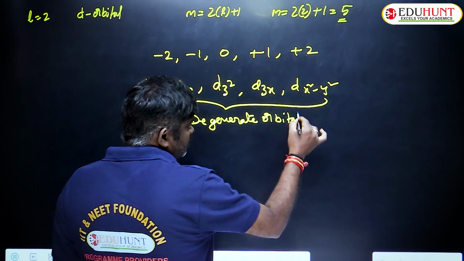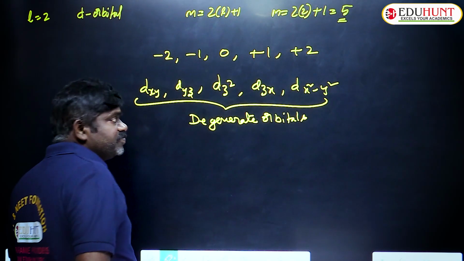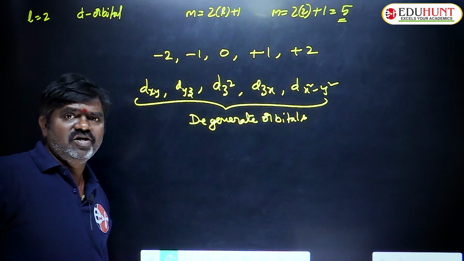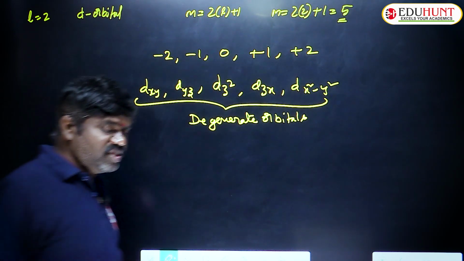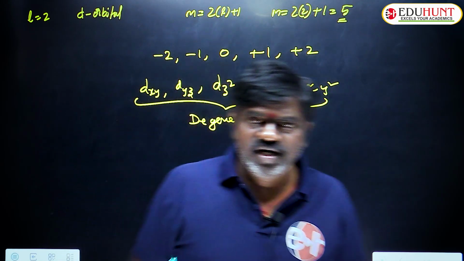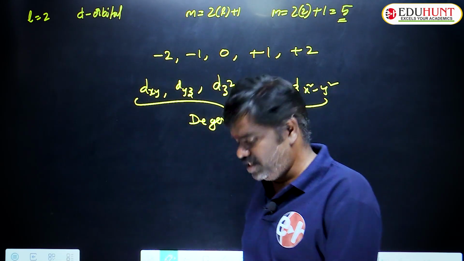Degenerate orbitals means the orbitals which have equal energies. dxy has equal energy with dyz, dzx, dx square minus y square, and dz square.